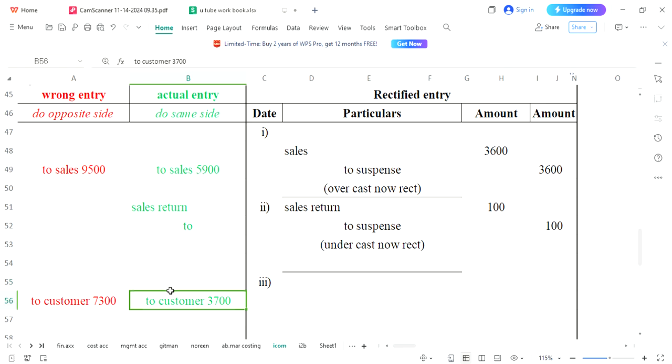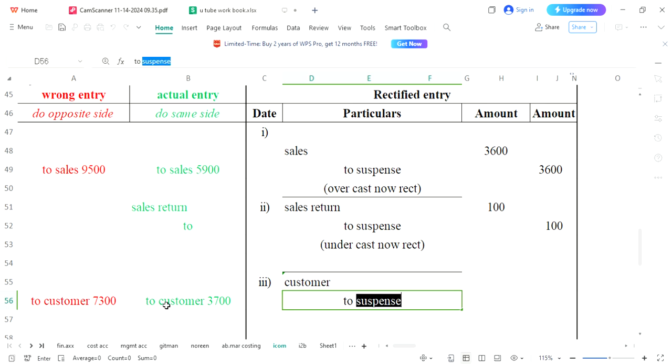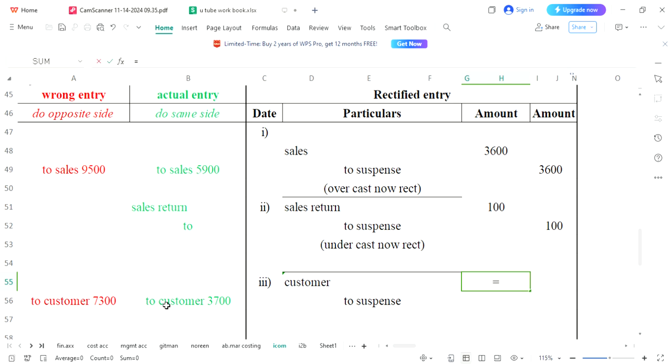Now we will see what type of mistake they have done. Originally they needed to write 3, but they have written 7. Overcast. In overcast we write to the opposite side, so the customer name would be on the debit side. There was only one mistake, nothing left to be written on the credit side, so for the time being you will write suspense account.